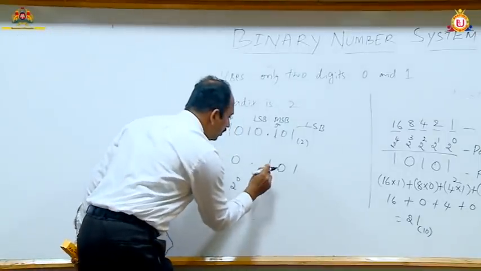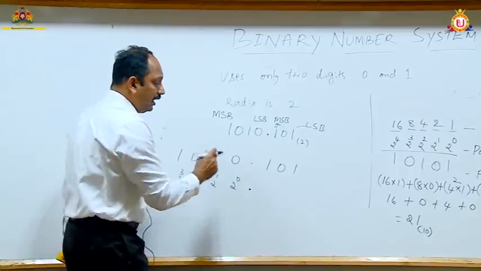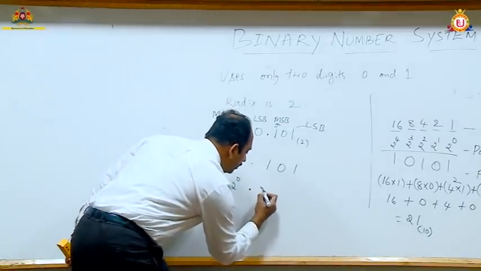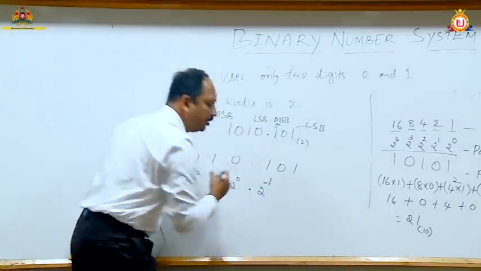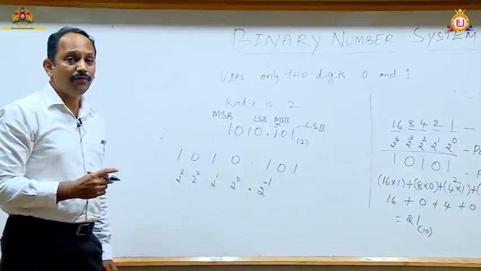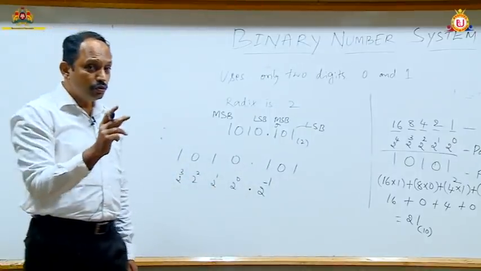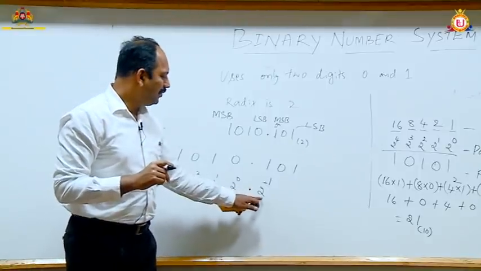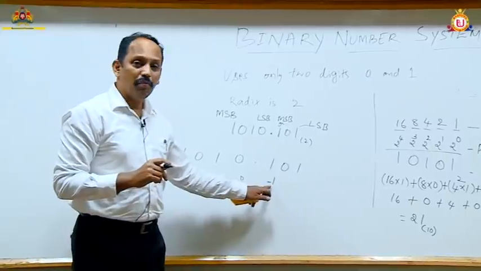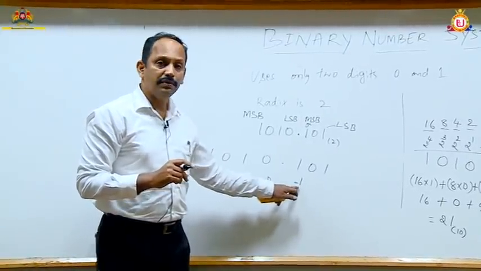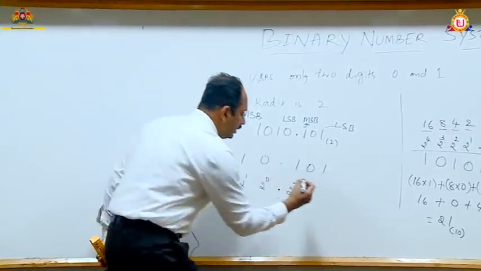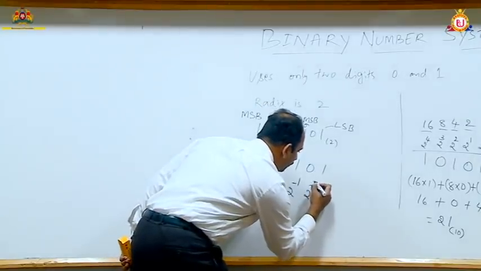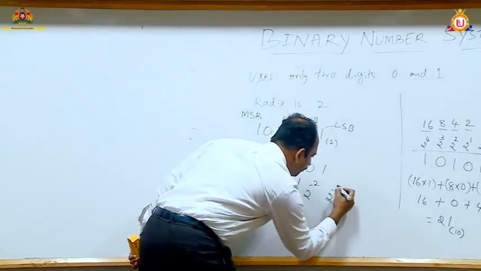Dot, what is the positional value of 1 at the fractional part? 2 to the power of minus 1. There is no 2 to the power of minus 0. So, the fractional part begins with 2 raised to the power of minus 1. The second one, 2 to the power of minus 2, and this is 2 to the power of minus 3.